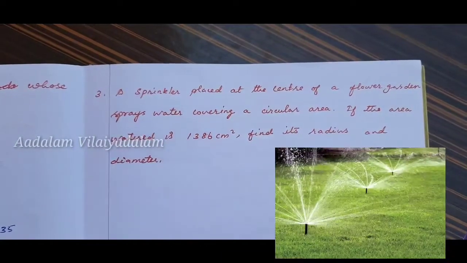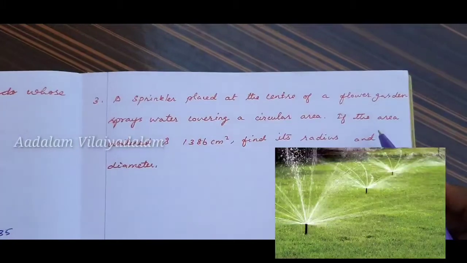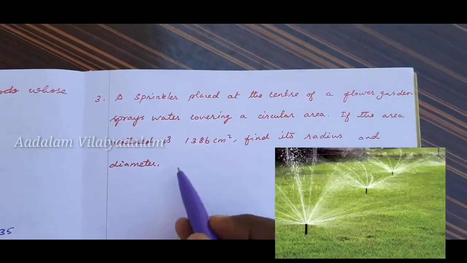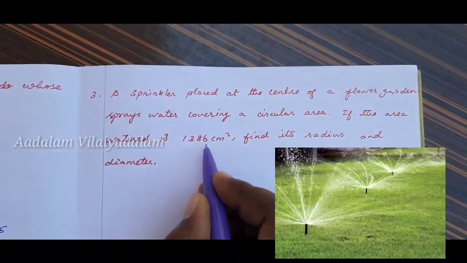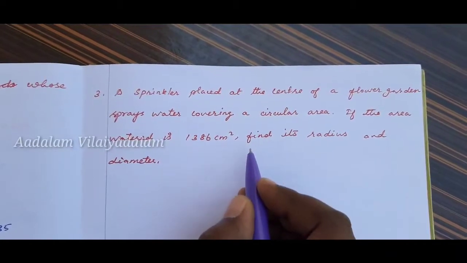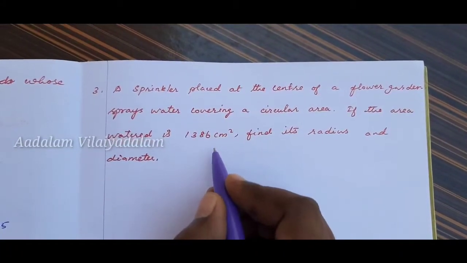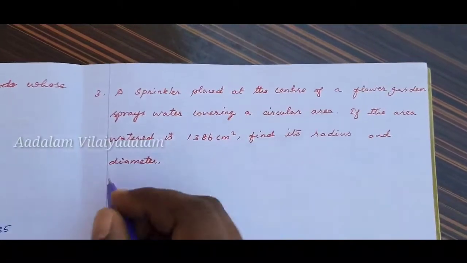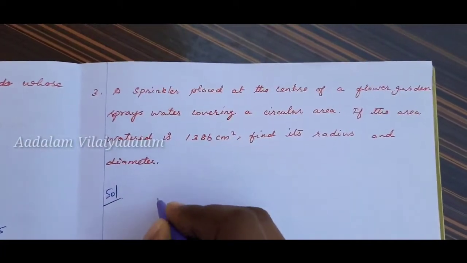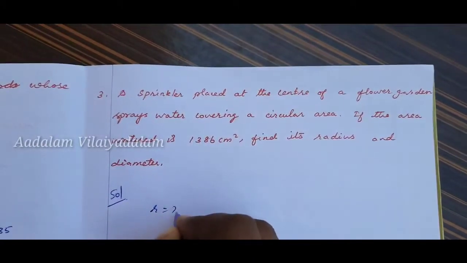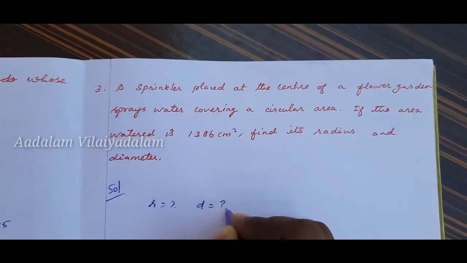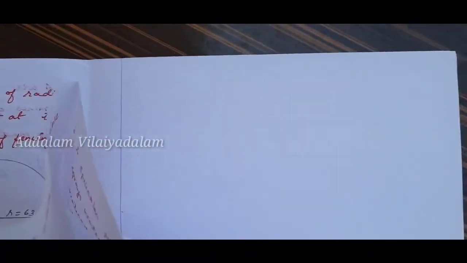So that kind of sprinkler covers the area that is 1386 centimeters square. Now the area is given. Now we need to find the radius and diameter. So solution, we do not know the radius, we do not know the diameter, but we need to find it out.